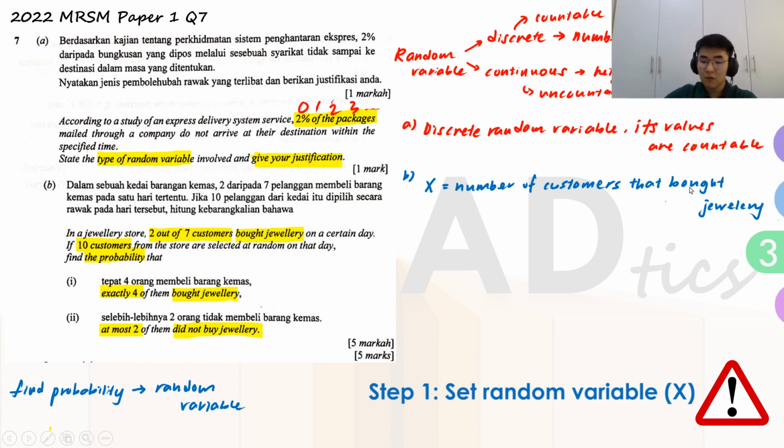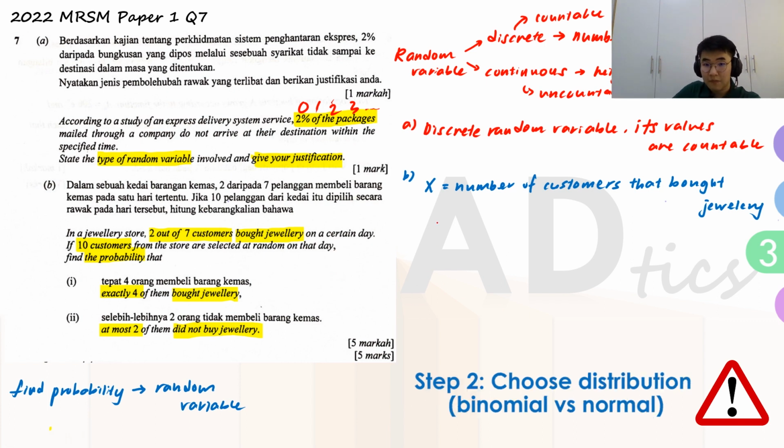Alright, so here our random variable needs to follow a distribution. Let me change the color of the pen. So X will follow, this curvy line means follow. In this chapter, you learned two distributions: one is binomial and one is normal.